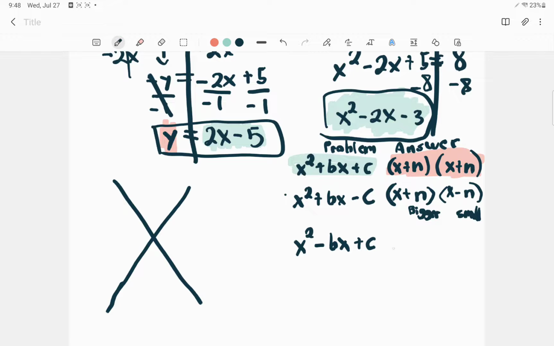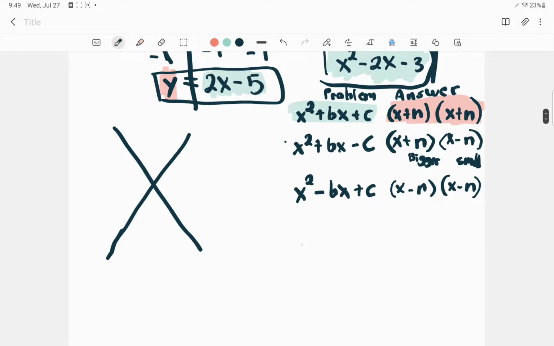Then let's say we get this type of problem. What that means is that both of my answers are going to have x minus n. We're going to have x minus n. I'm going to try and put the picture on there so you guys can see everything. Then finally, the last one's going to be, I believe, x squared minus bx plus c.